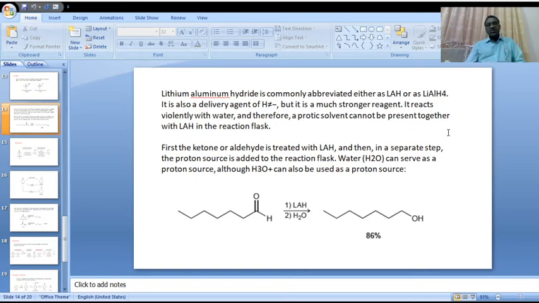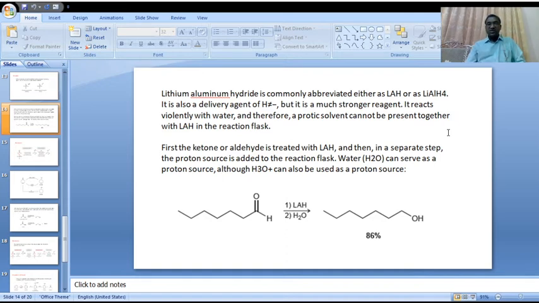It is also a delivery agent of H minus. Like sodium borohydride, it delivers the H minus nucleophile, which attacks the carbonyl carbon.